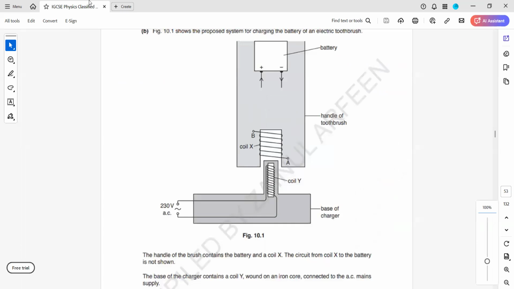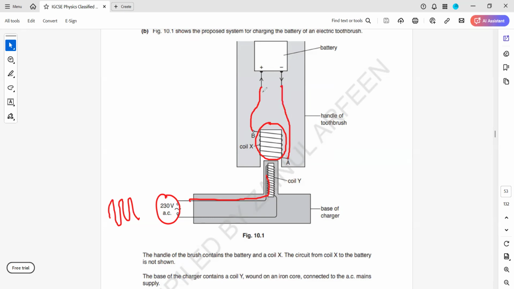When there's an AC input, it produces a changing magnetic field. There's no connection between X and Y, like there's no connection to the battery, but because of the changing magnetic field, current starts to be produced in coil X. And that current we supply to the battery.